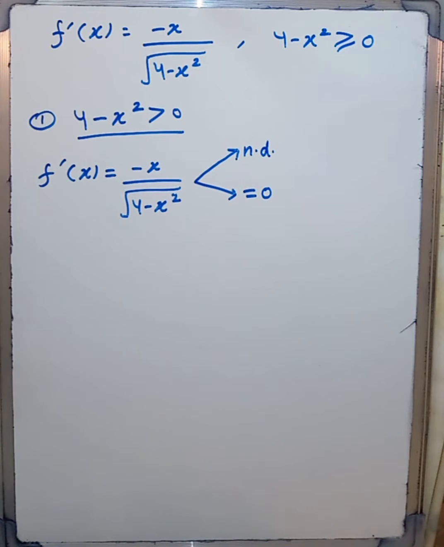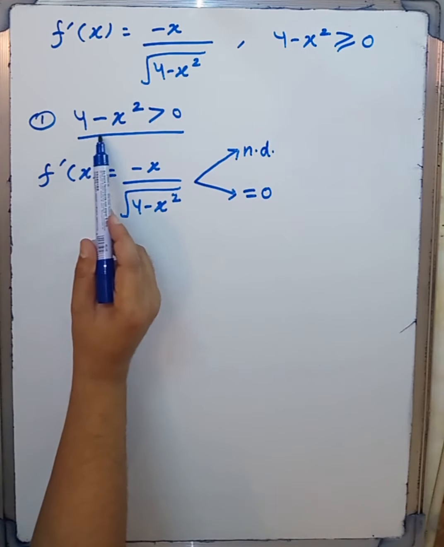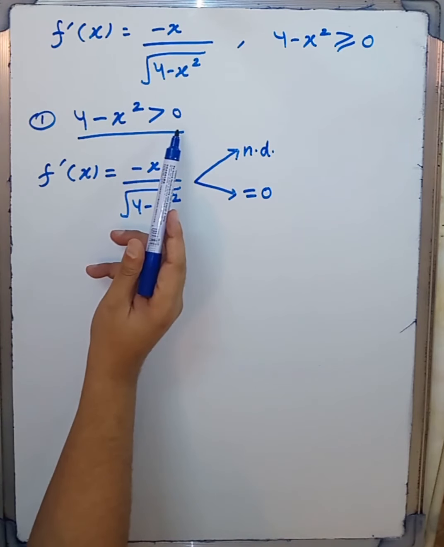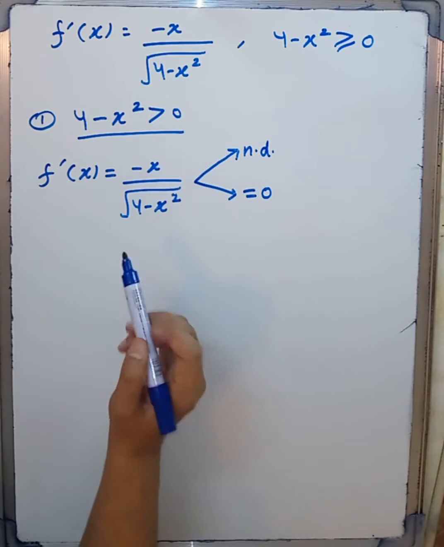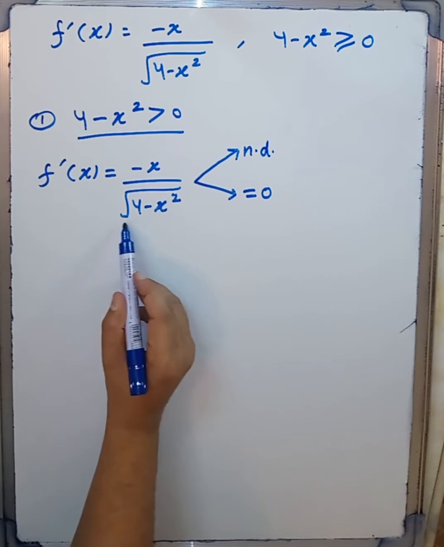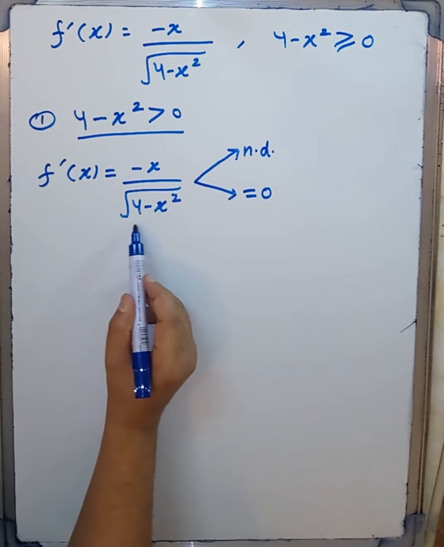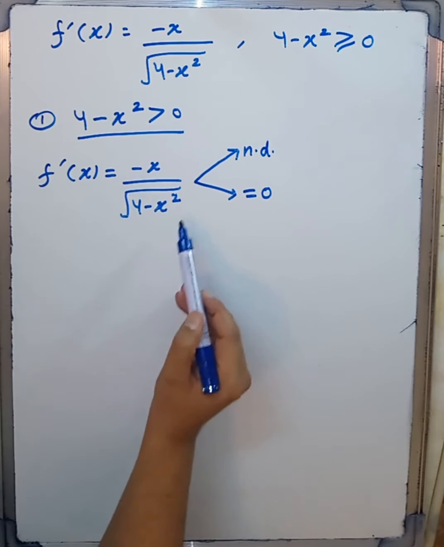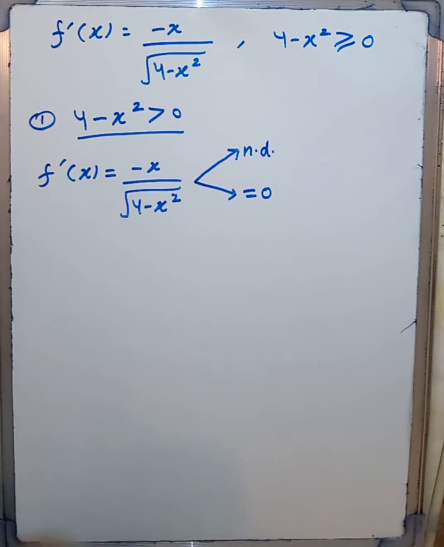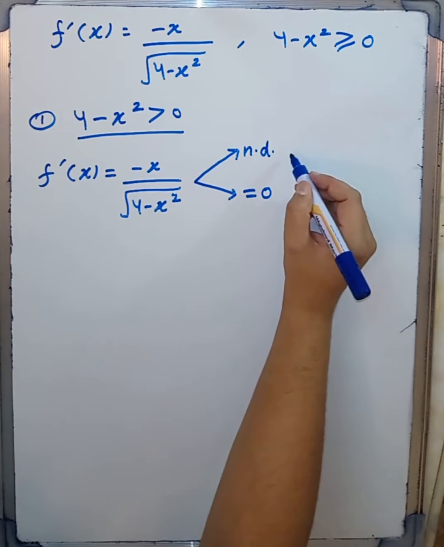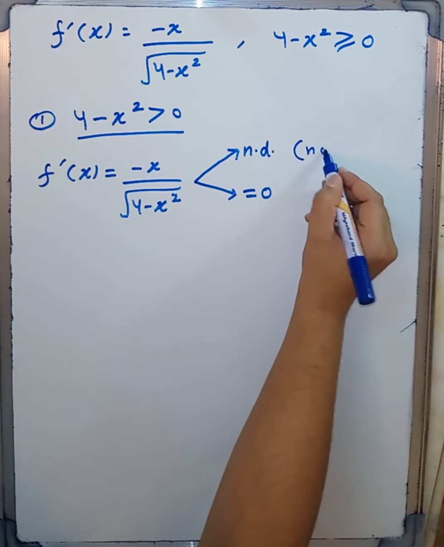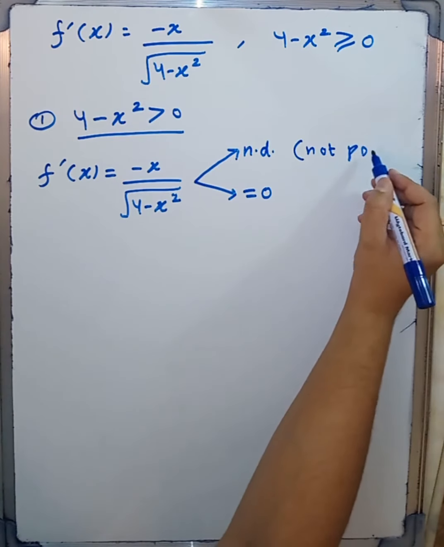The first case is clearly not possible, because when 4 minus x square is greater than 0, it means that square root of 4 minus x square will always be a non-zero number, and hence this expression will always be defined. So we can write that the first case is not possible.